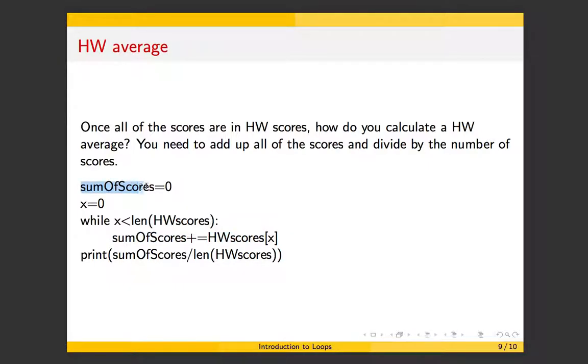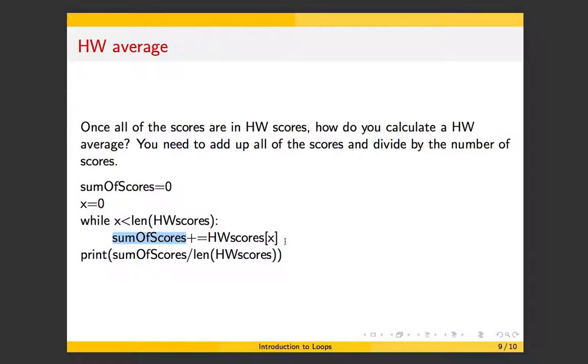Sum of scores started off at 0, and then I add to it the first homework score. Suppose my first homework score was 20, whatever, right? Then when x is 0, homework scores at position 0 is 20. So you're adding 20 to the sum of scores right here. So after the first pass through this loop, sum of scores is no longer 0. It's 0 plus whatever that first homework score was.